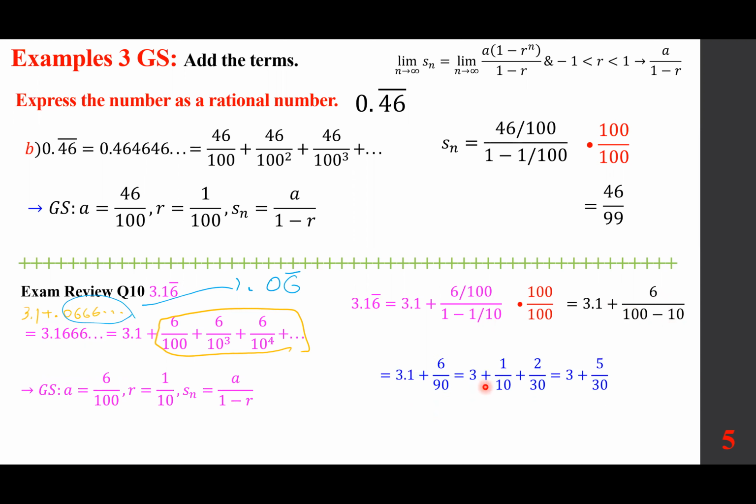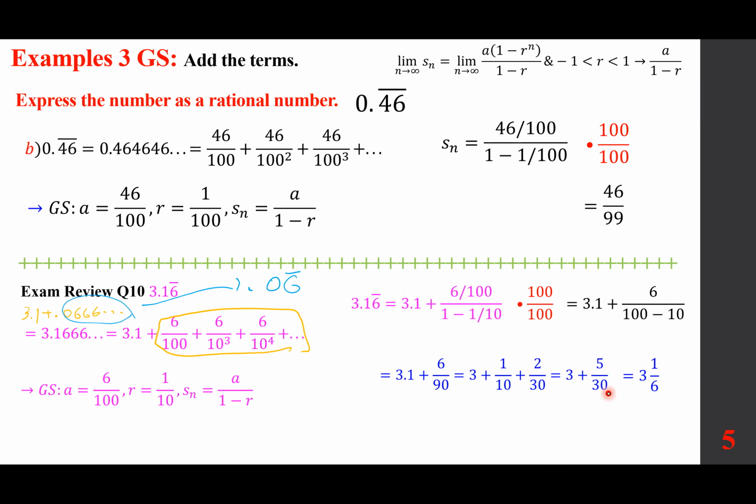Now take a look at what I'm going to do. In order to see how we add them up, for 3.1, I'm going to write 3 plus 1 over 10. 6 over 90, I can write it as 1 over 15, but I'd rather do 2 over 30 because I need to take a common denominator between these two pieces, which is 30. So this becomes 3 and 5 over 30, which is 3 and 1 over 6.